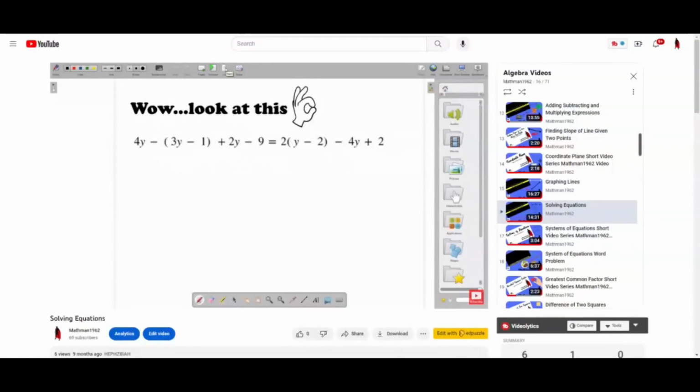Oh wow, look at this one. Here we've got a bunch of variable terms, we've got some parentheses, but the process is still going to be exactly the same.